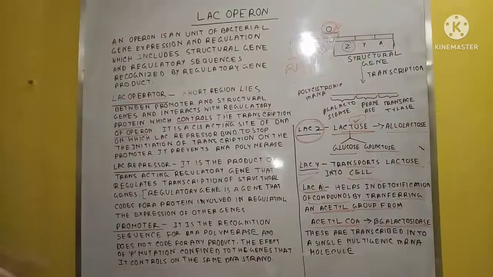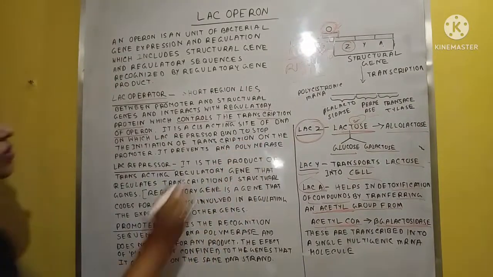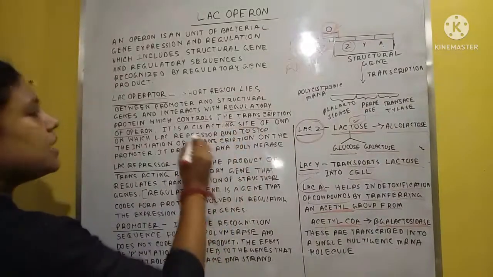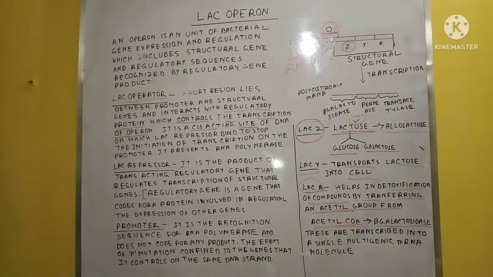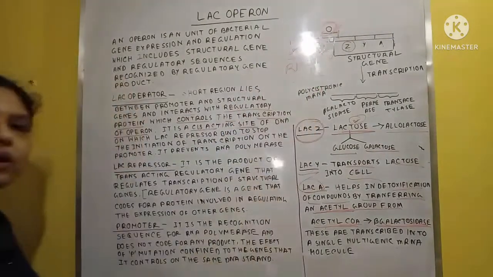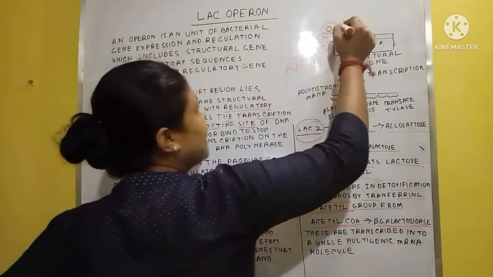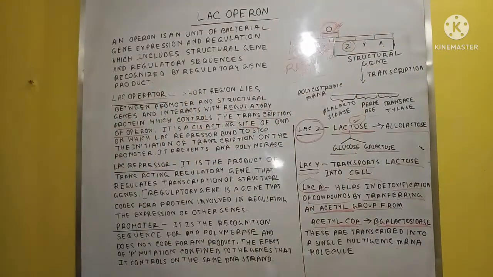This is a very short region, and only the cis site, okay, this is the cis acting site of the DNA. The regulator protein or the repressor protein, which is produced by the regulator gene or the I gene, binds only the cis site of the operator.